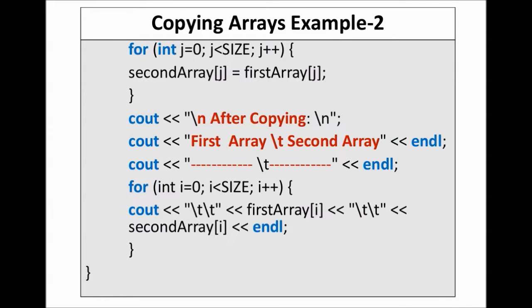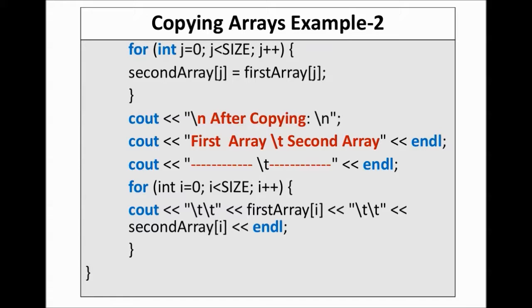We use a for loop again to copy these values into the second array. Then we write this code in the body of the for loop, second array j is equal to first array j.